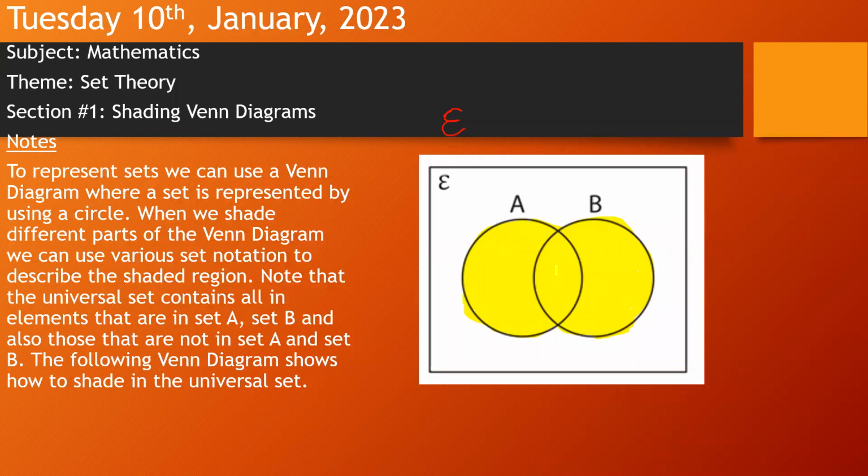So we have A, the intersection of A and B, and B itself. But we also want to shade in this part as well, the part that is outside of that. So all of this too. All of this is shaded.